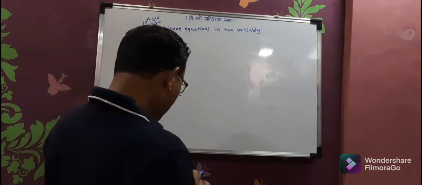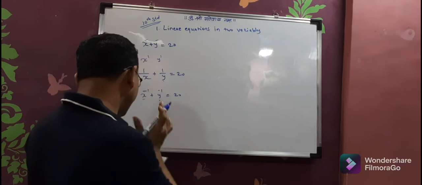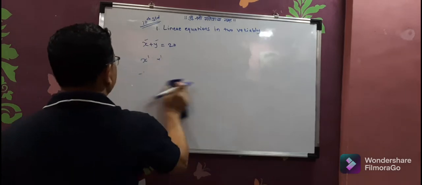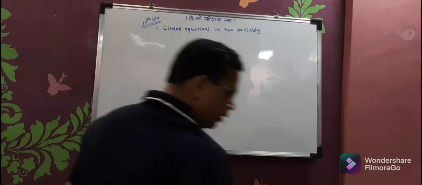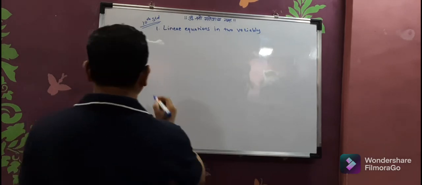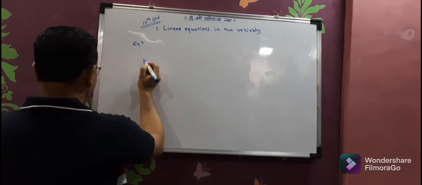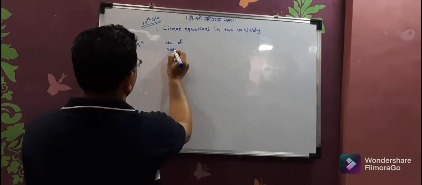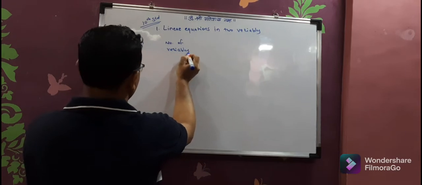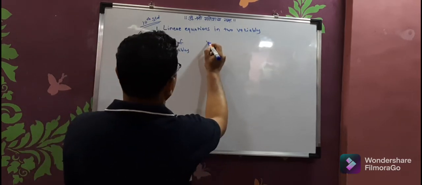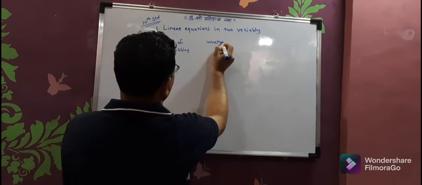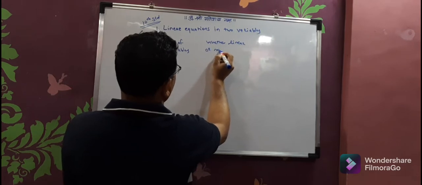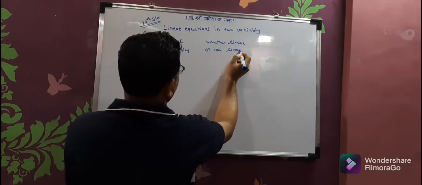In the chapter, they have given one activity. They have given the equations, and we have to find out whether each is a linear or non-linear equation and what the variables are. So we note the equation, the number of variables, and whether it is linear or not linear.